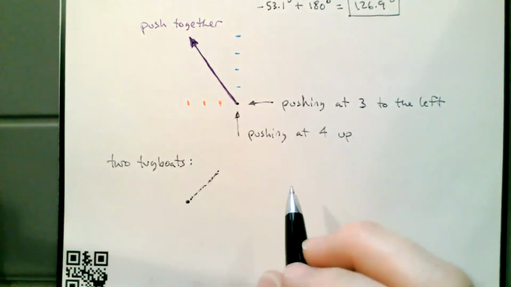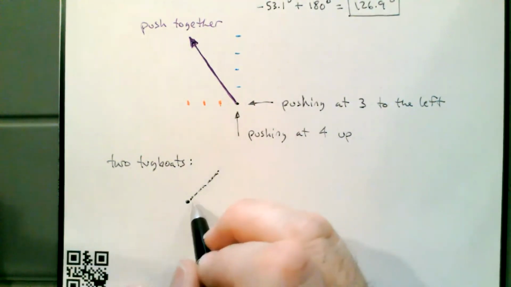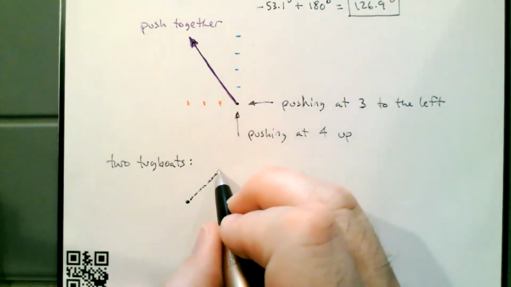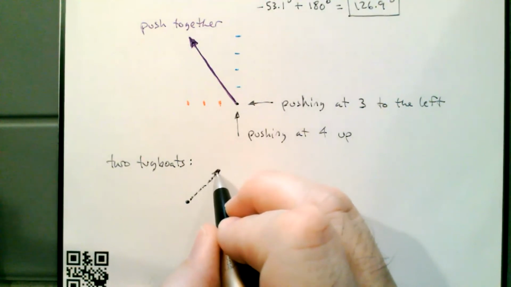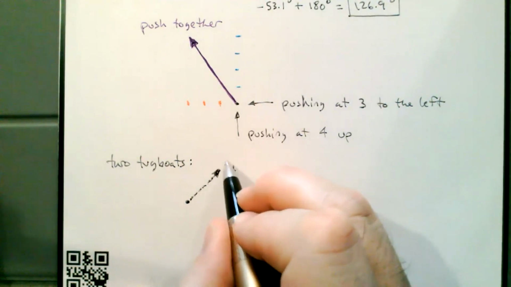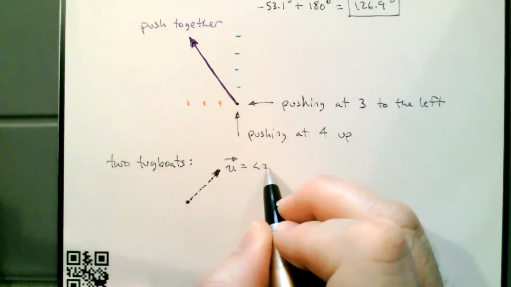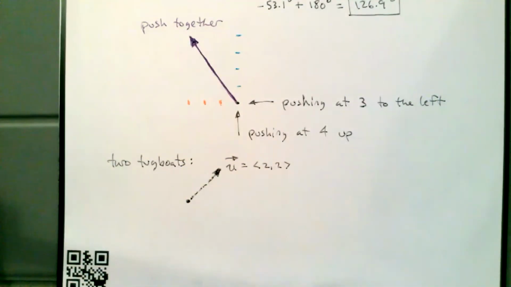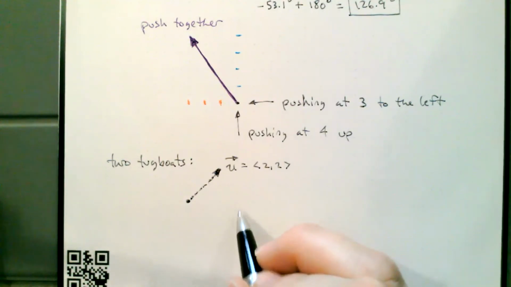One is pulling at, let's say, a 2, 2. And another tugboat, rather than just lining up the tugboats and pulling each other, they want to waste some of their effort. So the other tugboat is pulling at 3, -1.